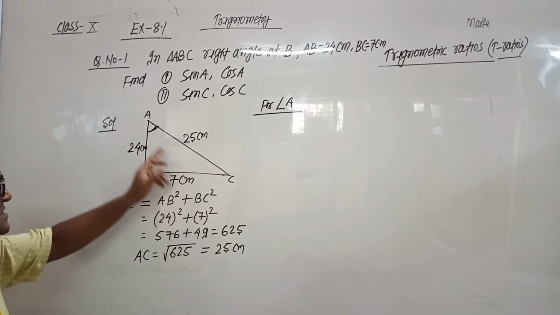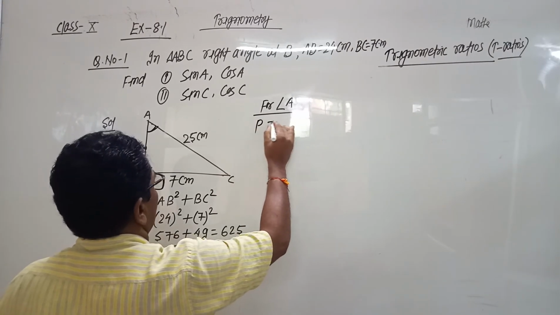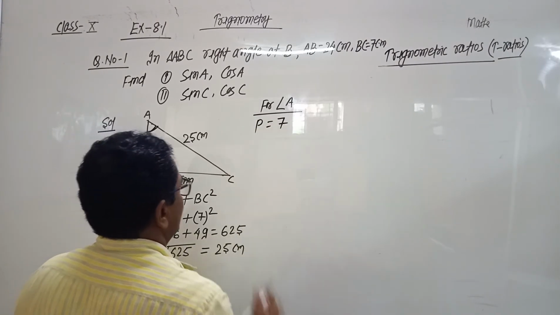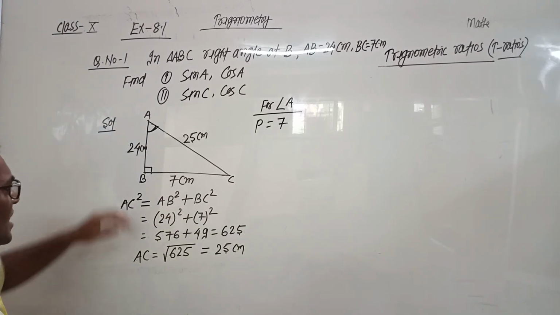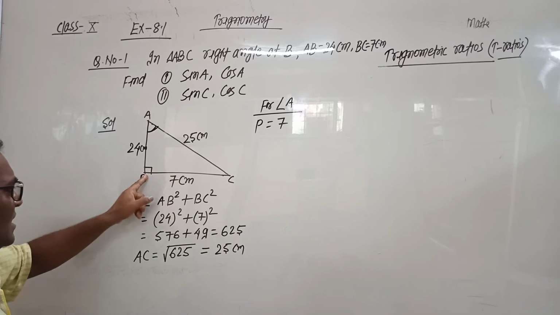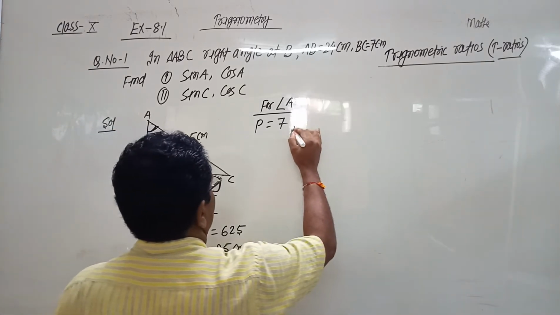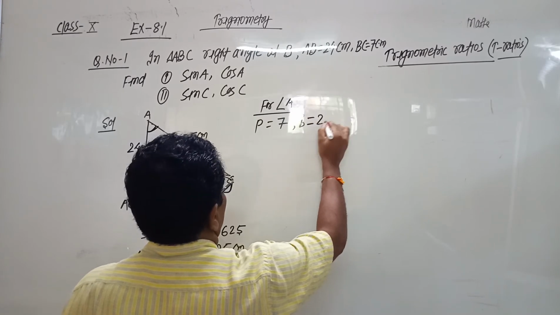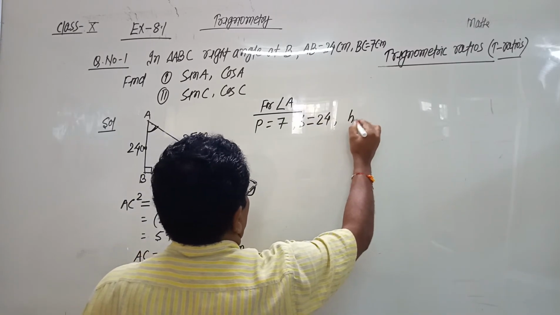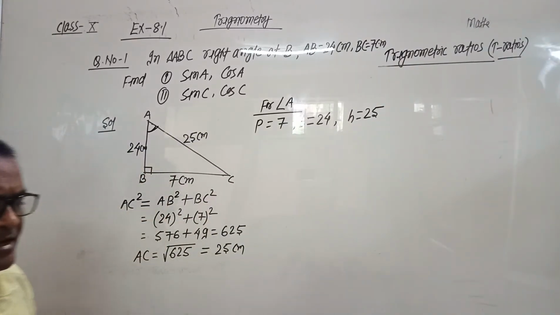So BC is the side opposite, so we write perpendicular P equals 7 centimeter. The base lies along AB, so base is 24, and hypotenuse H we have calculated as 25 centimeter.